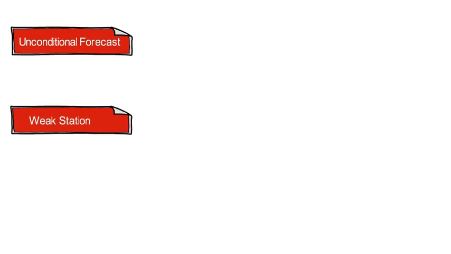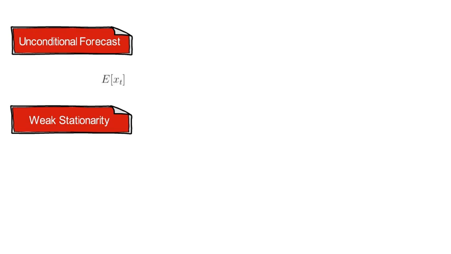Now let's introduce two notions. The first is about unconditional forecasts and the other is about weak stationarity. And then we go back to these three cases to tease out additional intuition. So definition number 1 about the unconditional forecast. The unconditional forecast of a time series xt is denoted as the expectation of xt.